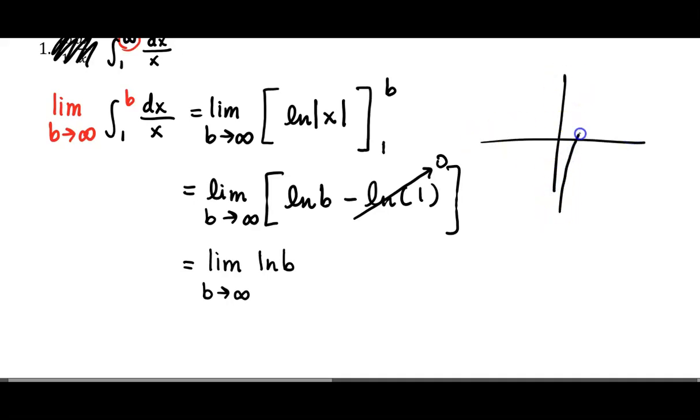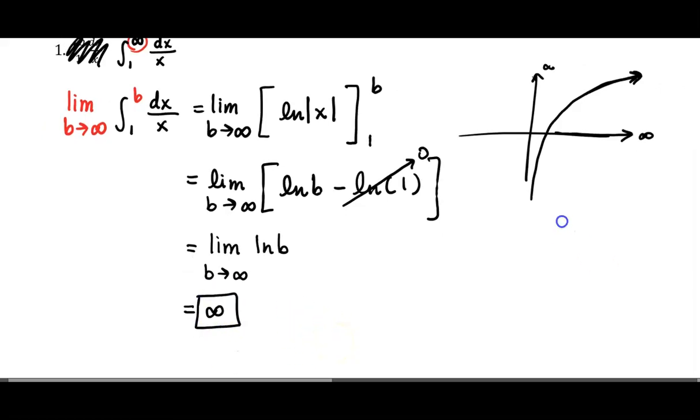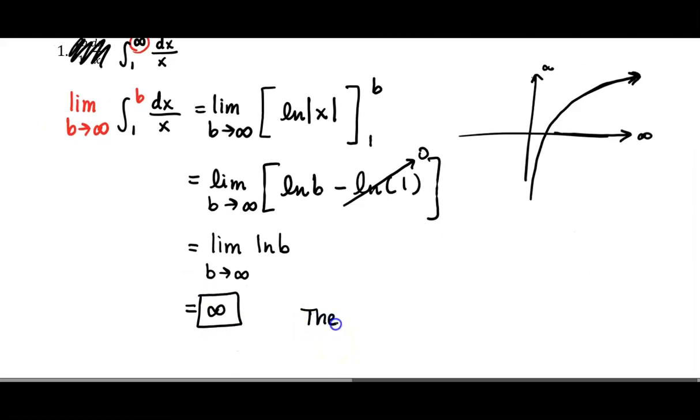The natural log function looks like this. As b goes to infinity, as x gets really big, the function also gets really big. It keeps increasing, going up. So this limit is equal to positive infinity, which does mean that the integral diverges, because we did not get a real answer.